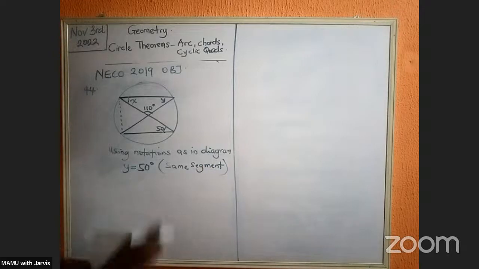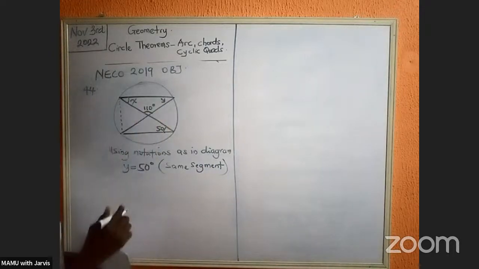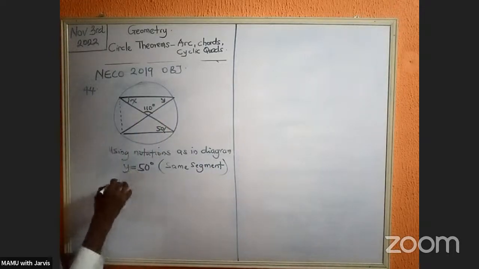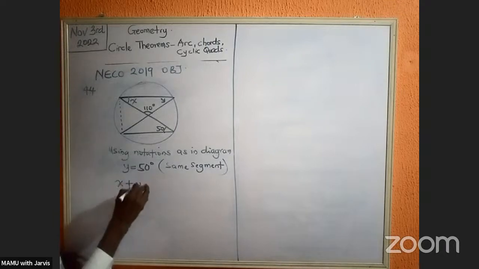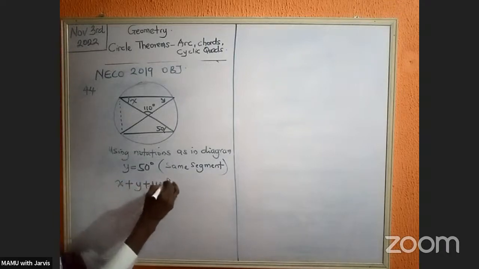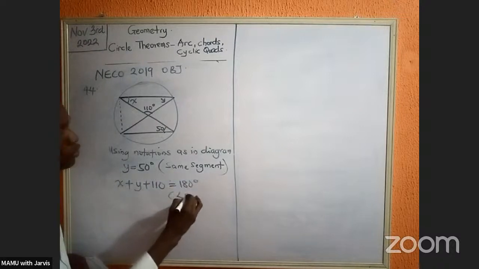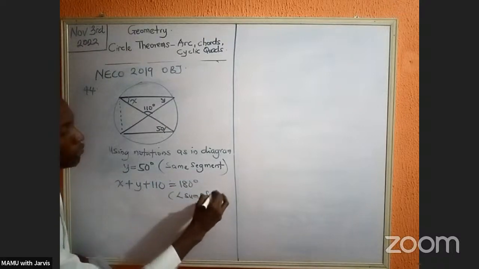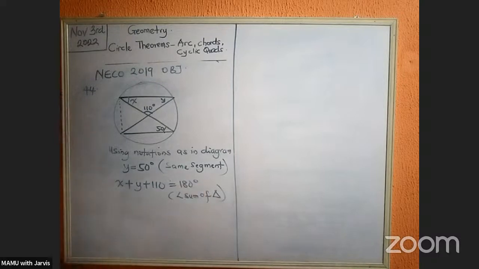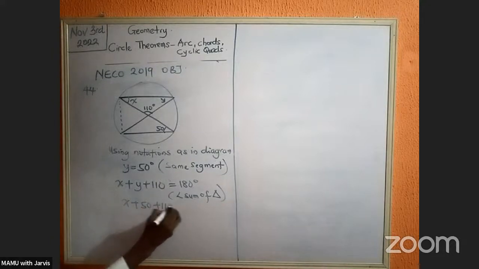Now, look at this. The three angles here form a triangle. So I can say that X plus Y plus 110 degrees will be equal to 180 degrees. That is angle sum of triangle. I know Y is 50, so I'll have X plus 50 plus 110 equal to 180.